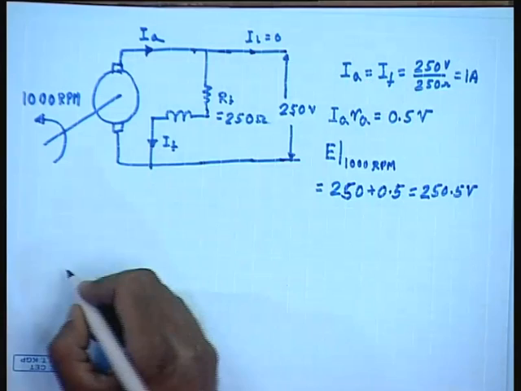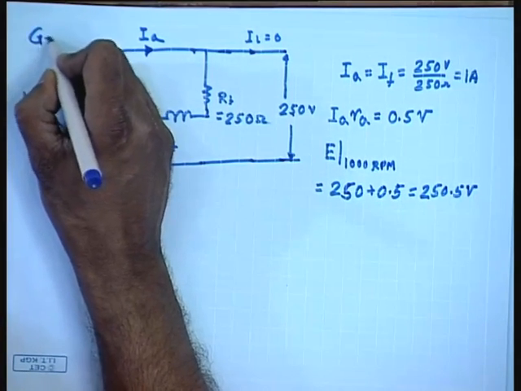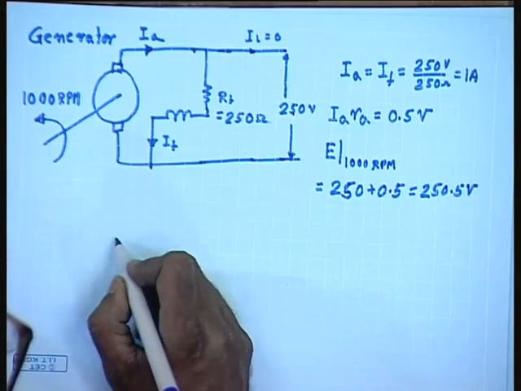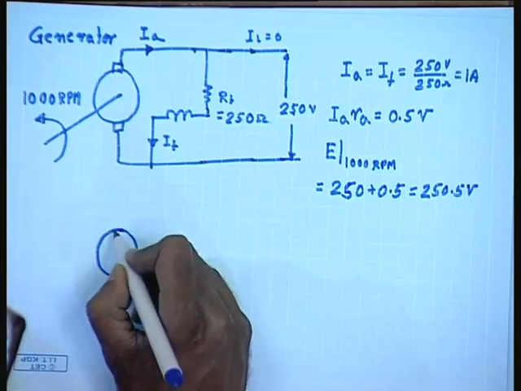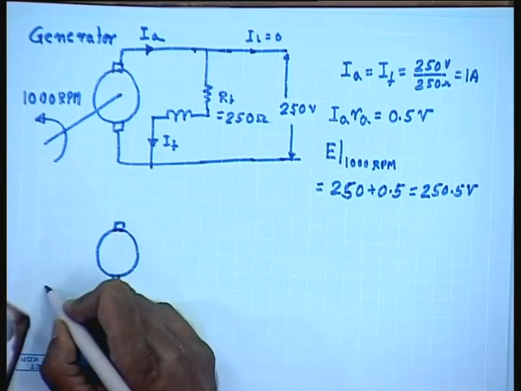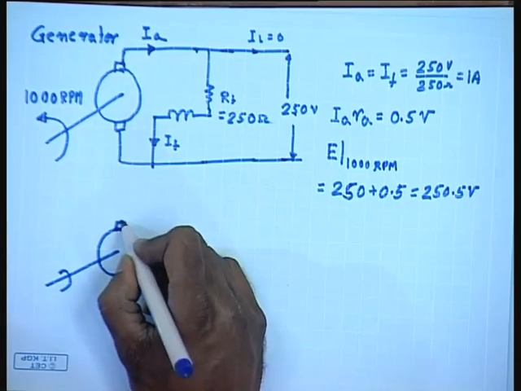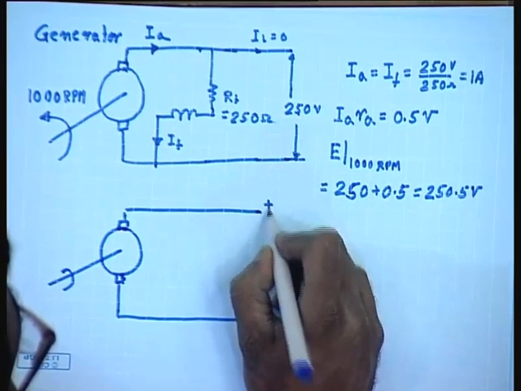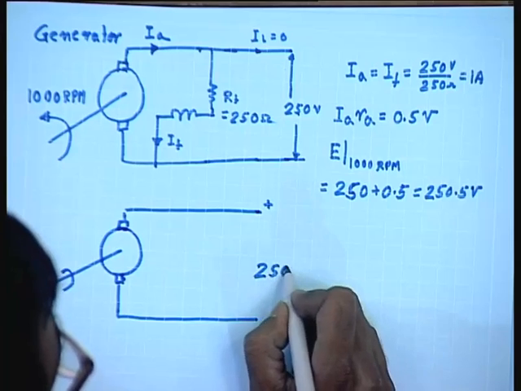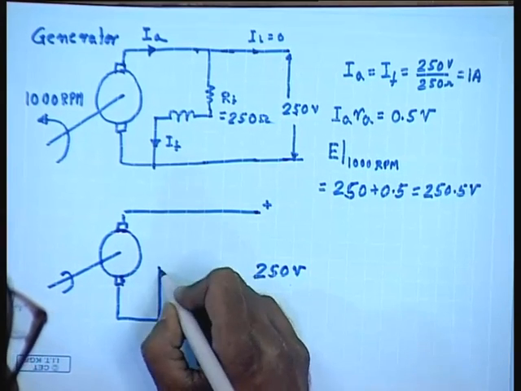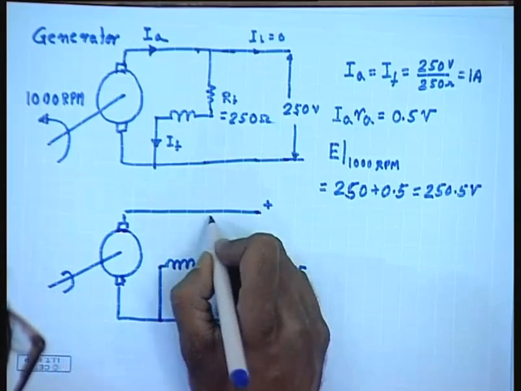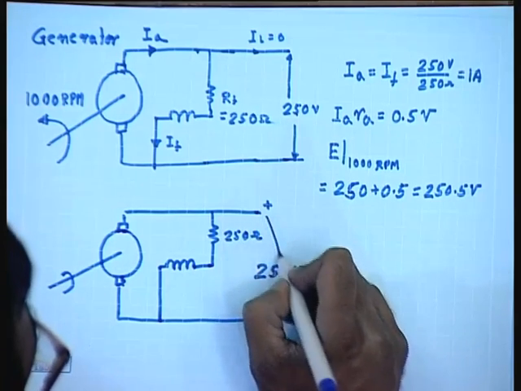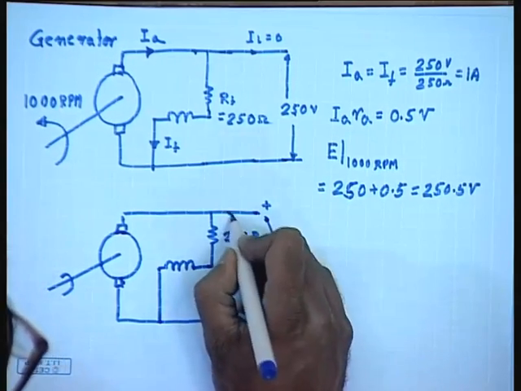Now, let us try to find out the no load speed when this machine is run as a motor. This was the generator. It is again supplied from a 250 volt supply, the same field winding of 250 ohm resistance, and the load current drawn is 4 ampere.